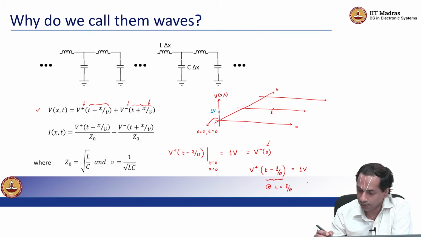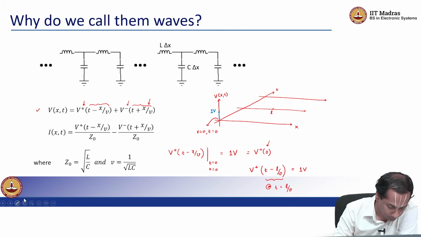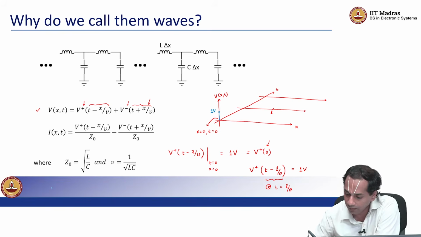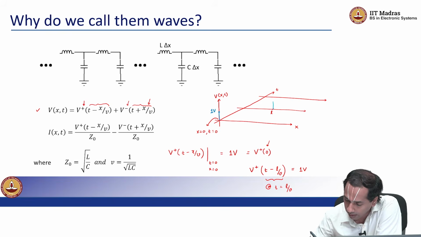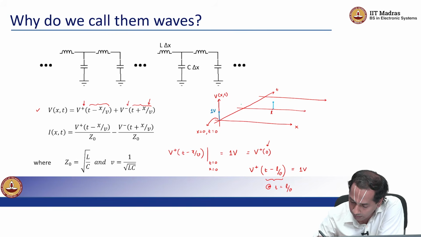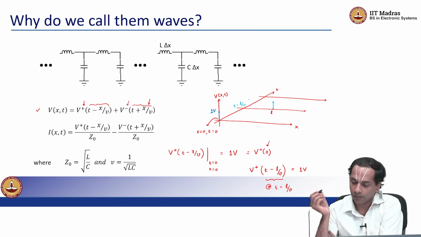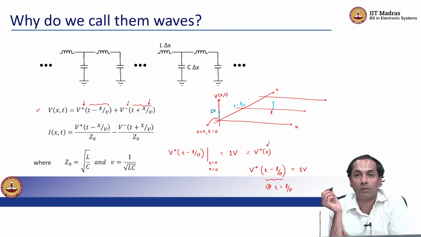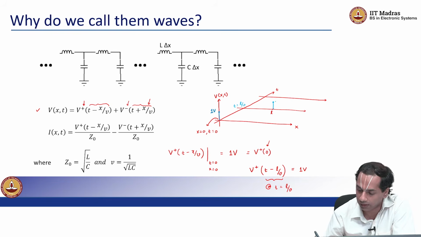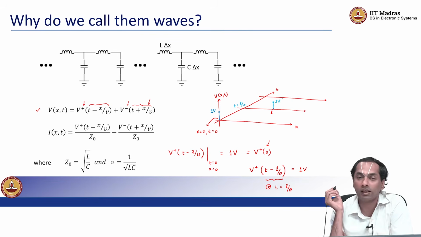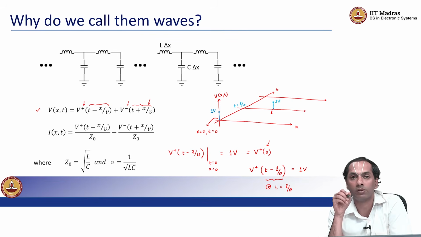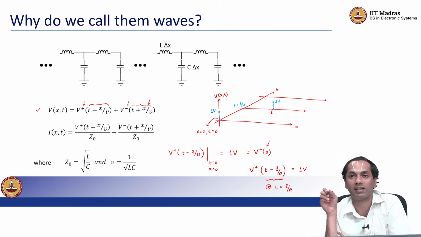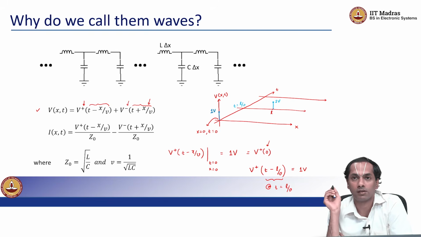So I can say that at a time L by V later, this 1 volt pulse has moved from x equal to 0 to x equal to plus L. Okay, I hope this is clear.